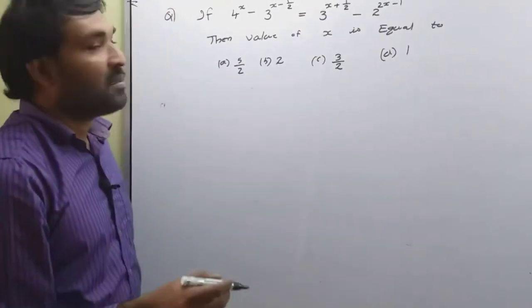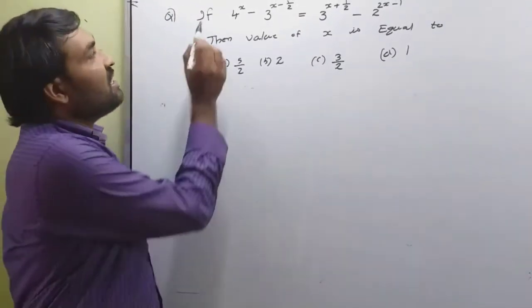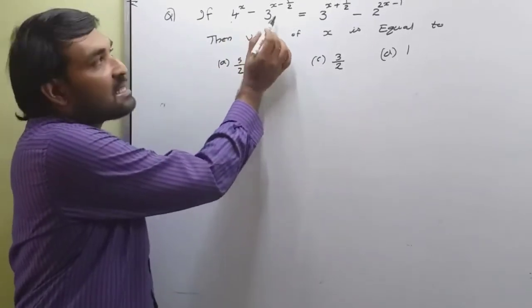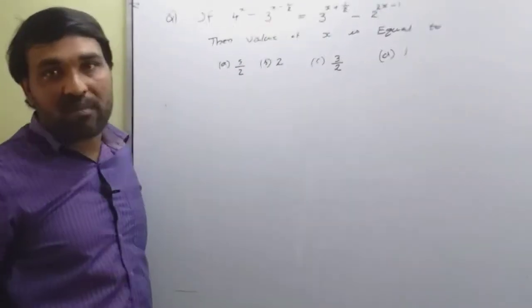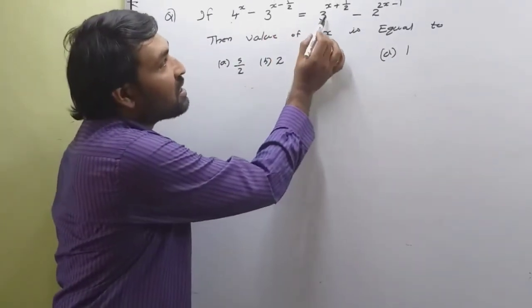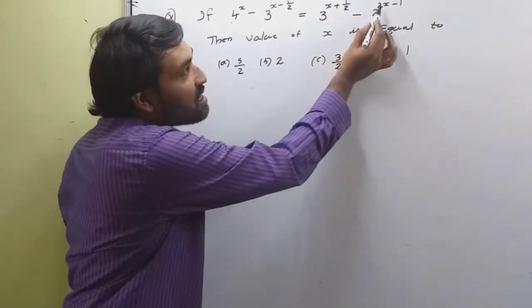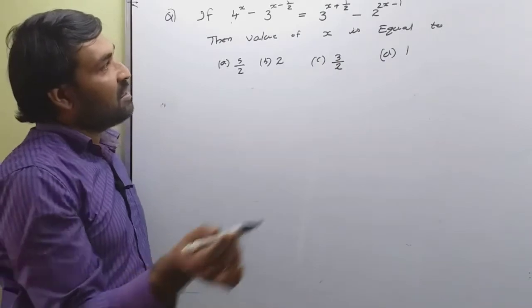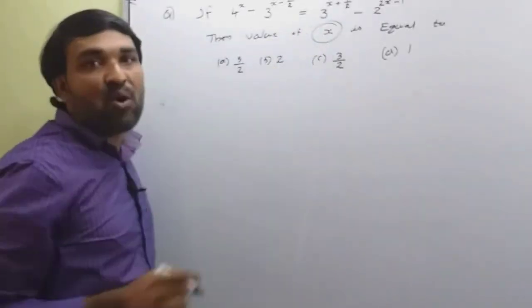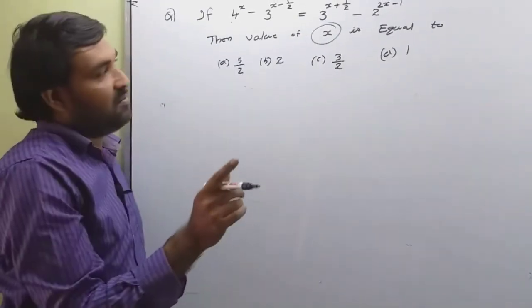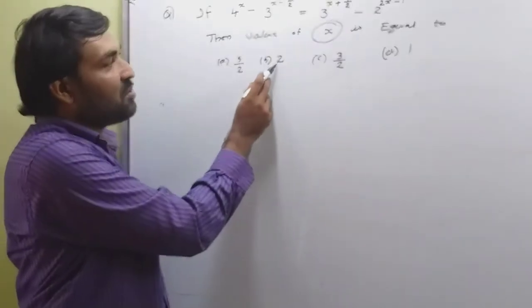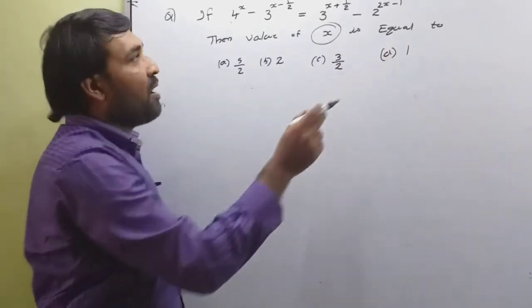Okay. So our question is: if 4 raised to x minus 3 raised to (x minus 1 by 2) is equal to 3 raised to (x plus 1 by 2) minus 2 raised to (2x minus 1), then we want to find the value of x. Options are given: 5 by 2, 2, 3 by 2 or 1.